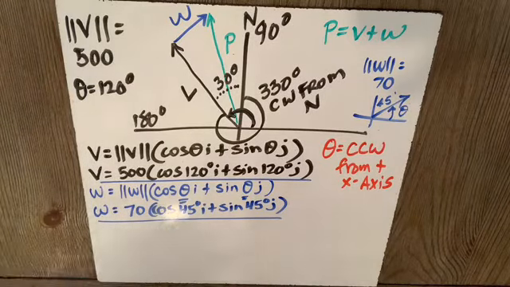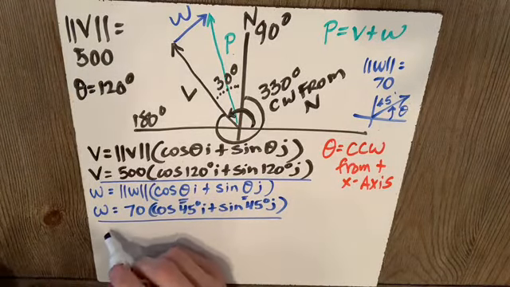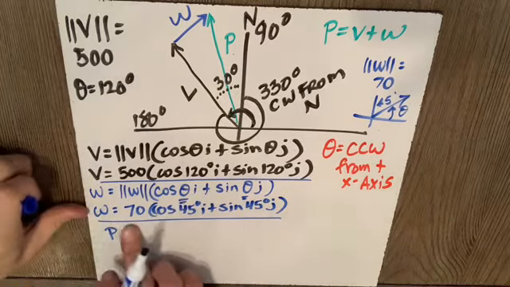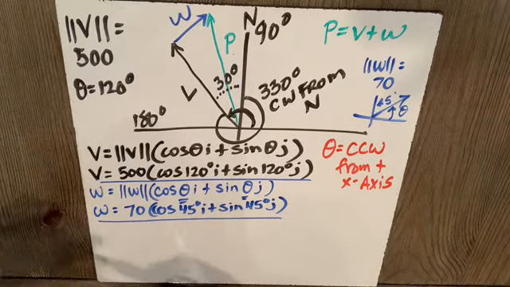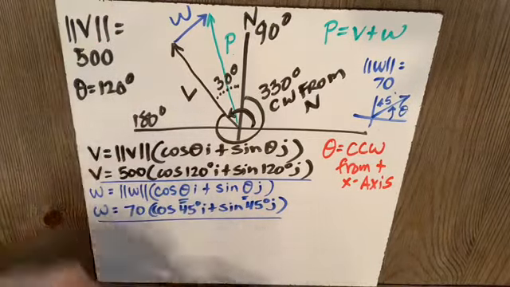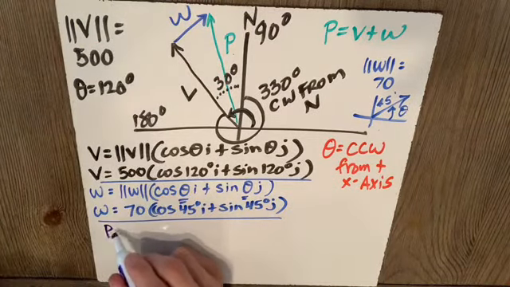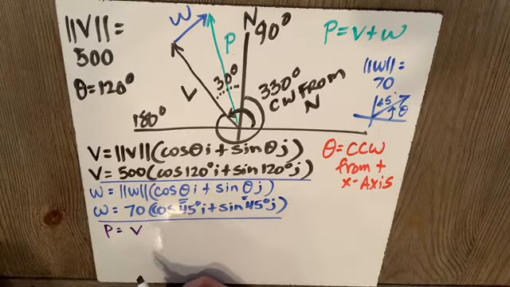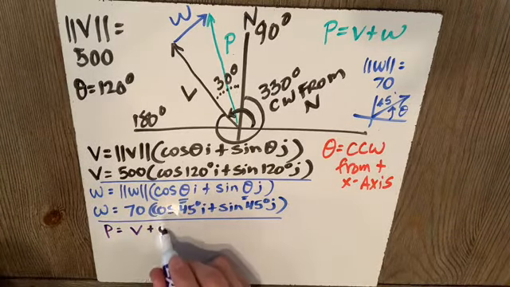What's the next step? Well, it's to say that our plane vector, which we're interested in, let me do it in a different color. Let's go purple. How about that? Our plane vector is equal to our initial settings on the airplane plus the wind.